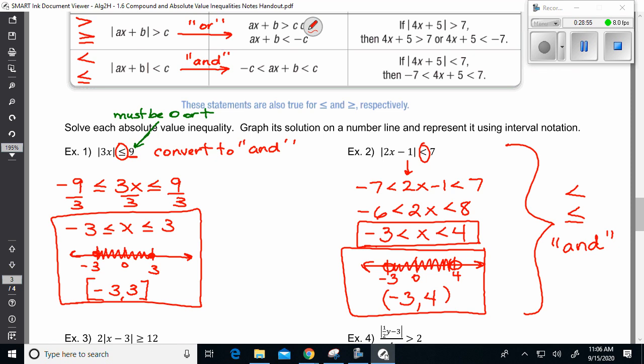It's a less than sign. So less than and less than or equal to follows the and conversion. Greater than and greater than or equal to follow the or conversion. So hopefully that clears up that misconception. So again, absolute value, you got to pay attention to what that sign is, because that's going to dictate how you rewrite it.